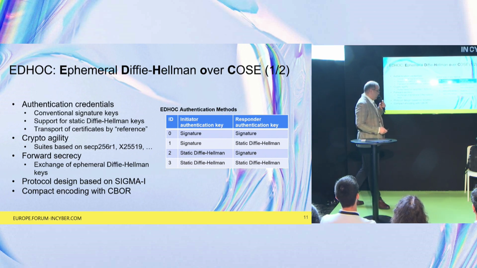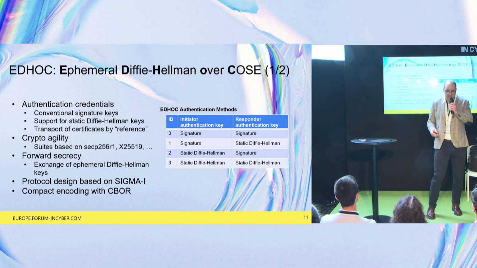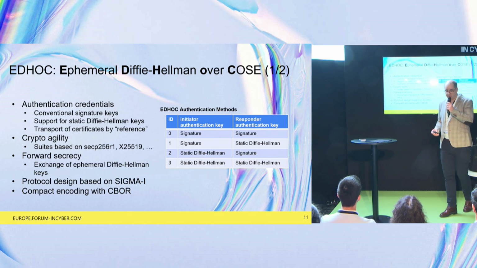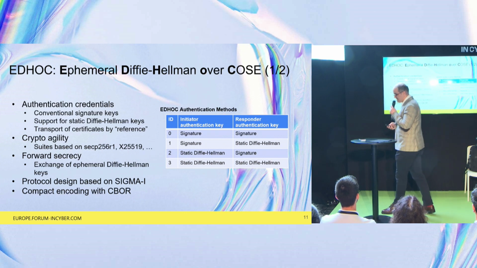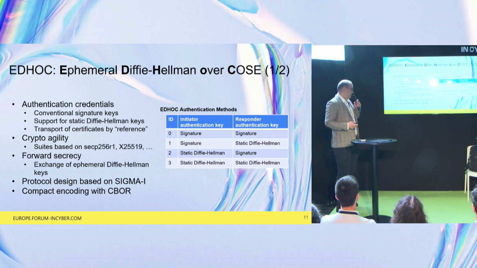We support crypto agility. We support different cipher suites based on different elliptic curves, such as NIST P-256 or Edwards curves. The protocol is extensible, as TLS is. Due to the exchange of ephemeral Diffie-Hellman keys, we support forward secrecy.